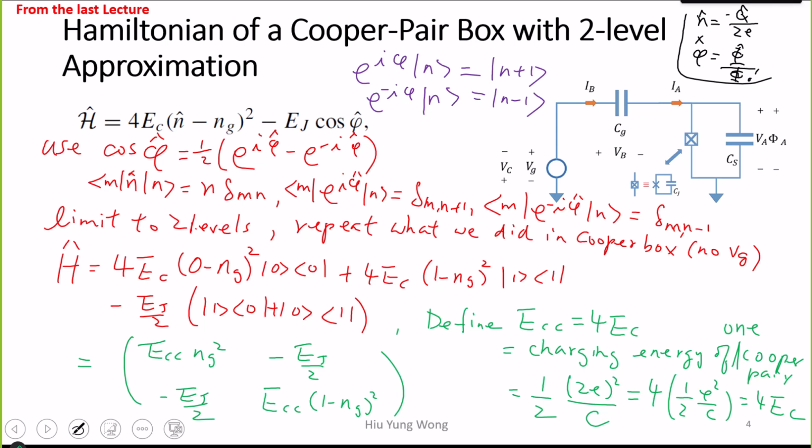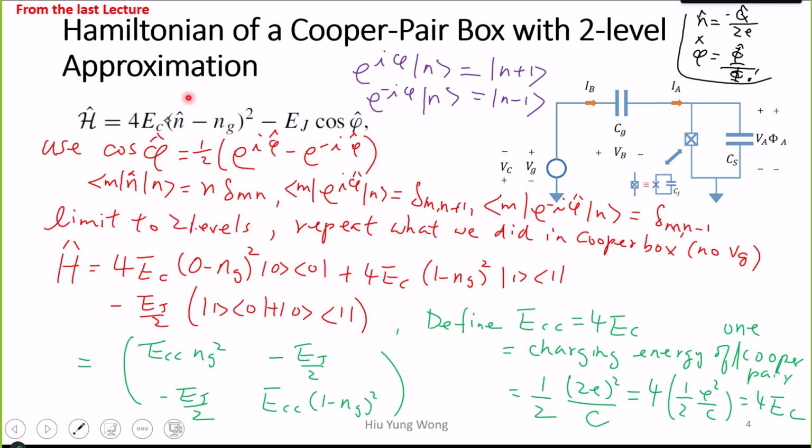What is the relationship between voltage and flux? Yes, d flux dt equals voltage. So we try to link this. Of course, the background is very profound, and probably you won't understand it, but it doesn't matter. We just take this for granted when we quantize the circuit.